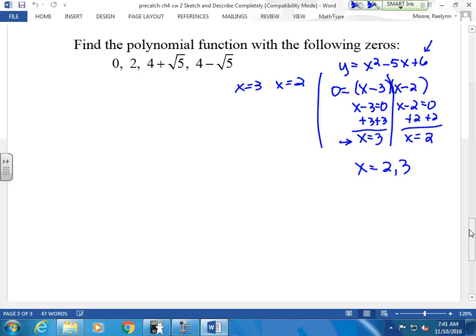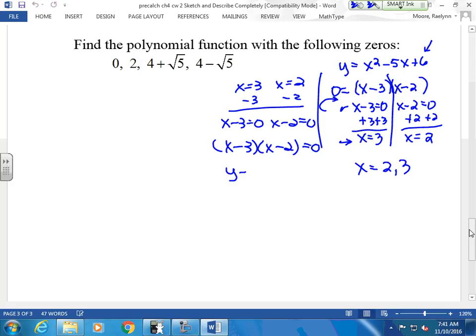I'm working backwards, so I'm -3 this time. Instead of add 3, I'm -3, -2. So I'm x minus 3 equals 0. I'm x minus 2 equals 0. And then what did I do? I made them factors. Okay. And that's really my equation, right? If I want to FOIL it out, I would get back to this guy. Okay?